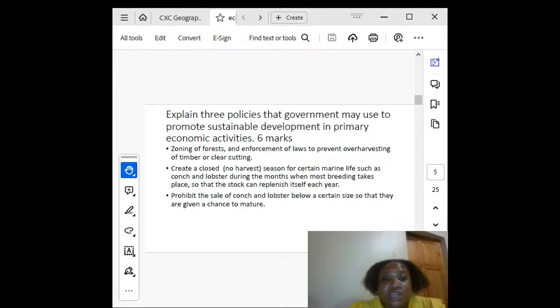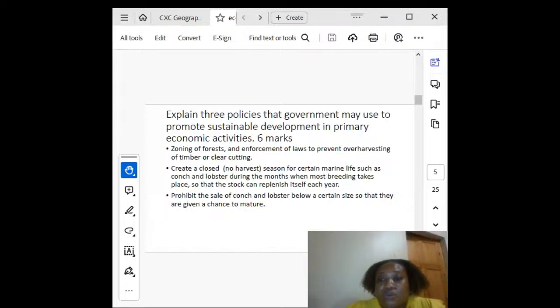If it's fishing where you have an overfishing problem, you create again seasons for different types of fish. So you might have a particular season where you can fish, and then you close that season when there's no fishing to, of course, allow for the breeding of the fishes to take place again.